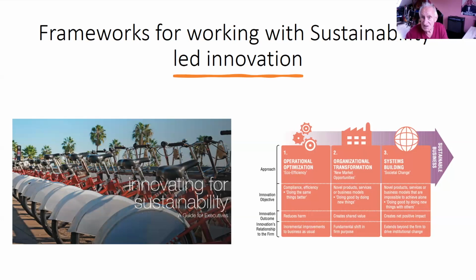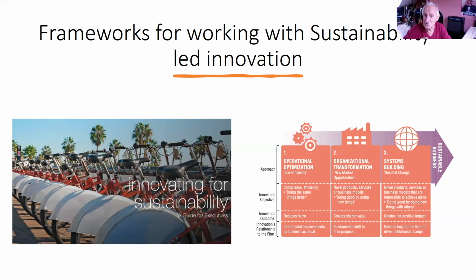And the sustainability innovation outcome, it reduces the harm we do with the ways we've always done stuff. But it's essentially doing what we do better. And that captures a lot of what's going on today still. And by now, you'd almost say, well, any organization that doesn't think about this is really not a very business-like one, because this is kind of enlightened self-interest.